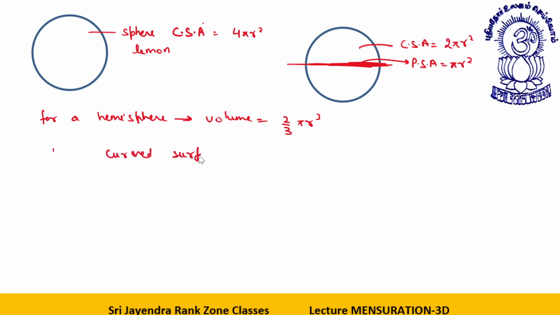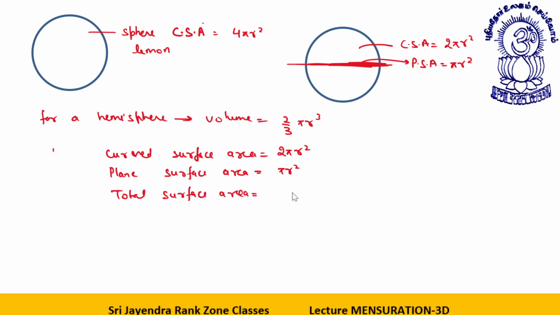Curved surface area is 2 pi r square, and plane surface area is pi r square. So total surface area is equal to 3 pi r square. I'm sure this portion is clear.